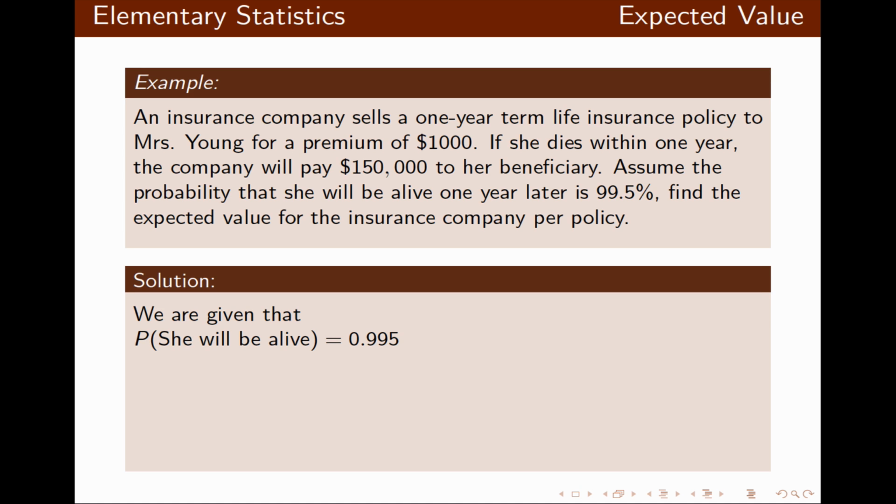We're given the probability that she will be alive is 99.5%, which is 0.995. And the probability that she will not be alive will be 0.005.